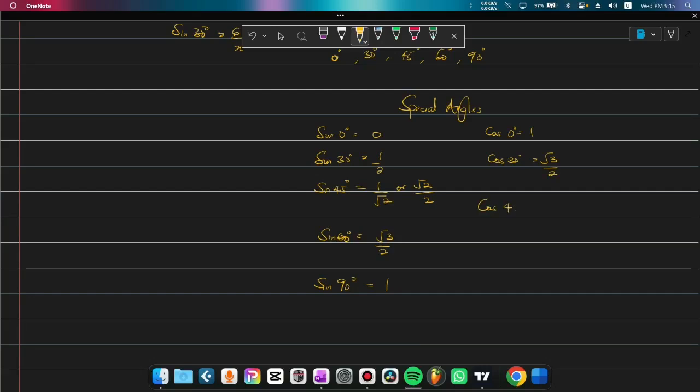Cosine 45, look at it, because they both meet at the midpoint, they will have exactly the same value, 1 over root 2. Cosine 60 is going to be the same thing as sine 30, because if I go 60 away from 90, I'm landing at 30. So I have 1 over 2. And cosine 90, definitely you should be able to get this. It's going to be 0.